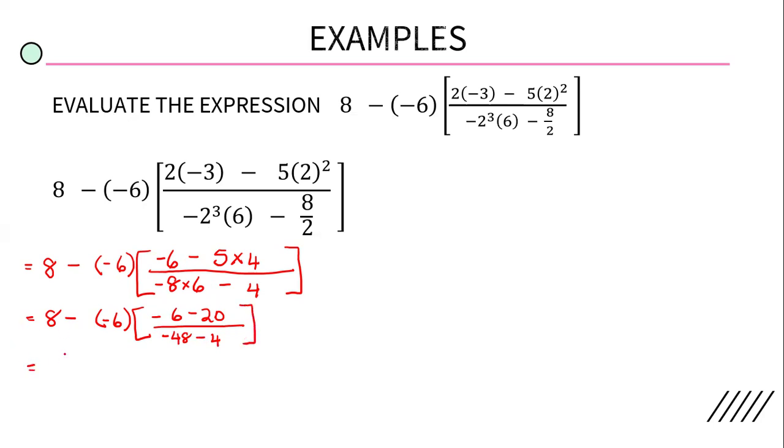This is equal to 8, subtraction sign, negative 6 plus negative 20. Signs are the same, so we're going to just add, giving us negative 26, divided by, signs are the same in the denominator as well, negative 48 plus negative 4, giving us negative 52.